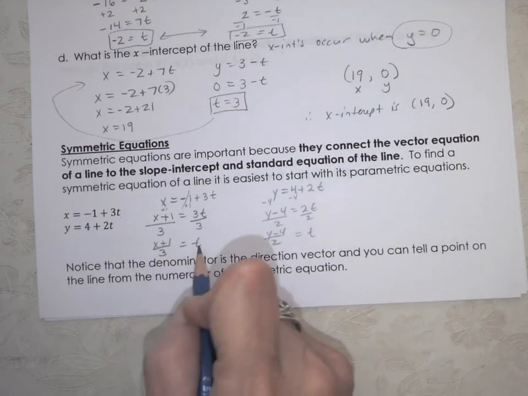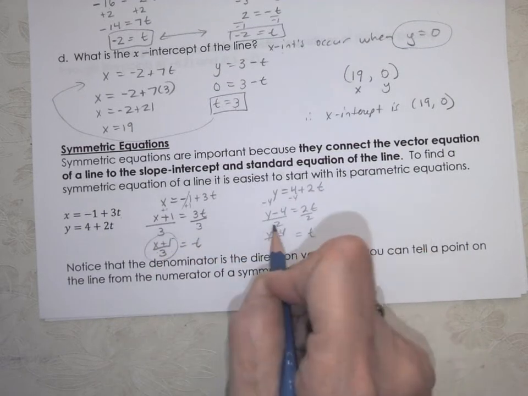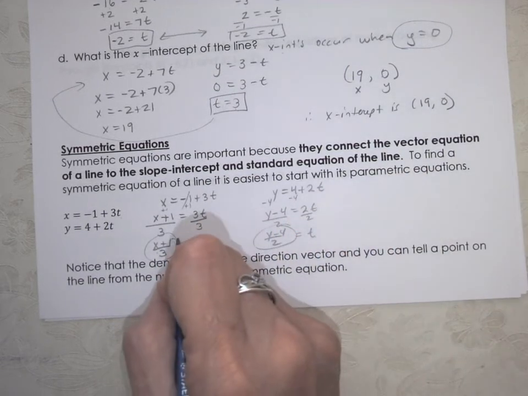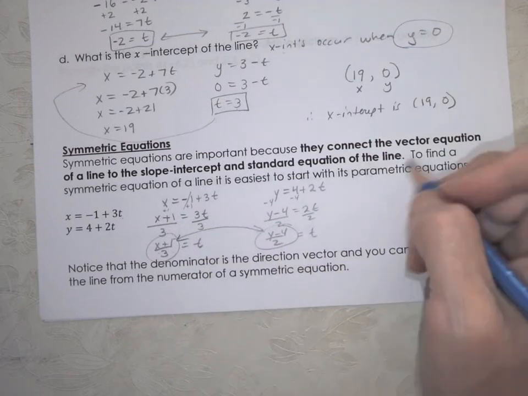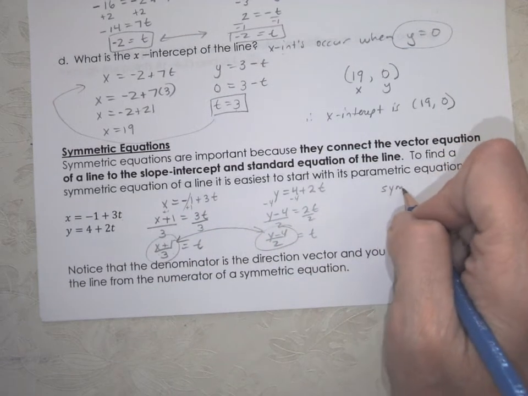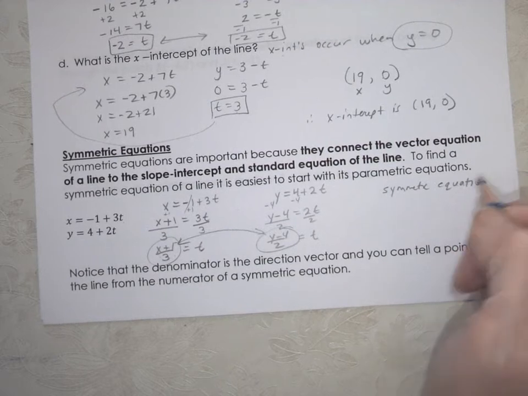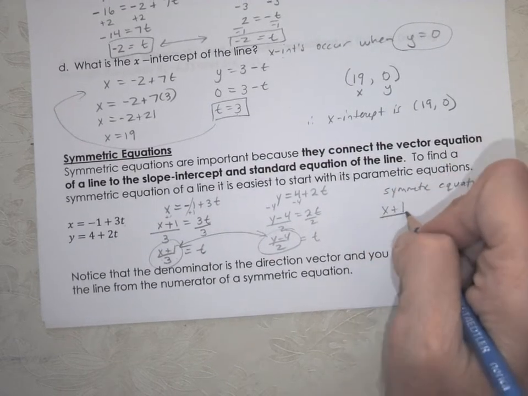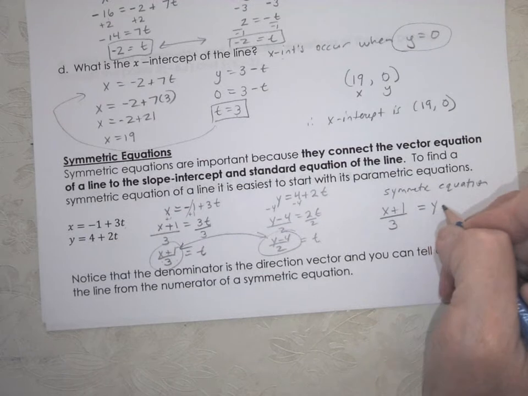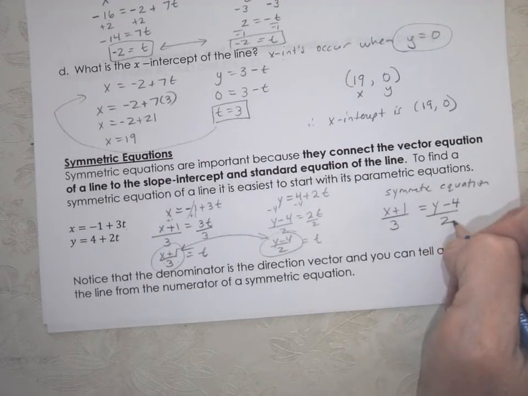So if t equals this and t also equals that, then these must be equal to each other, and that's our symmetric equation. So our symmetric equation says that (x plus 1) over 3 must equal (y minus 4) over 2.